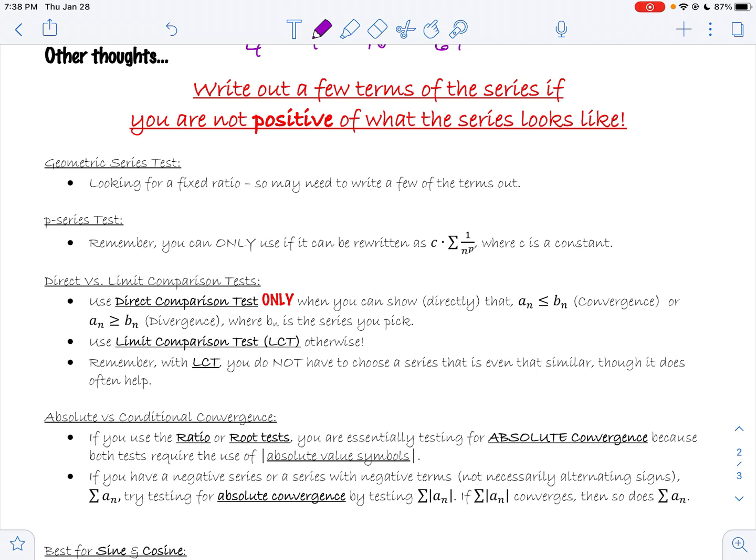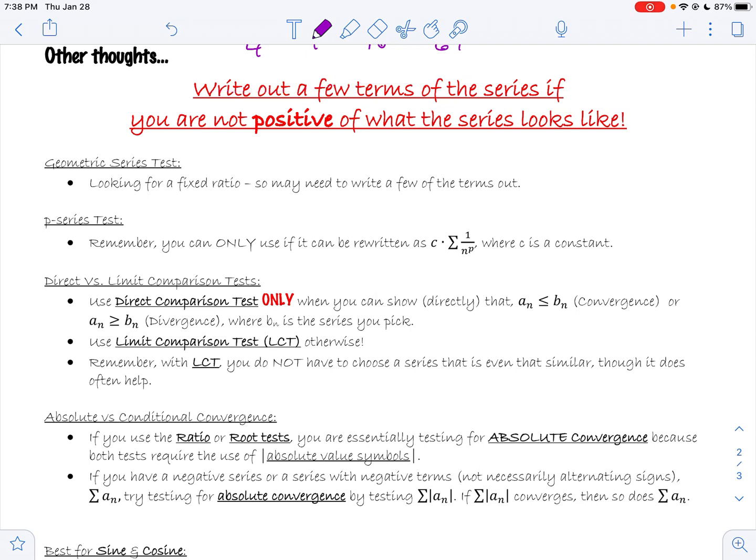I keep seeing people miss that because they're not writing out the terms. They're just immediately jumping into, okay, what test should I use, instead of really wrapping their heads around what's going on with the series. That's really important.